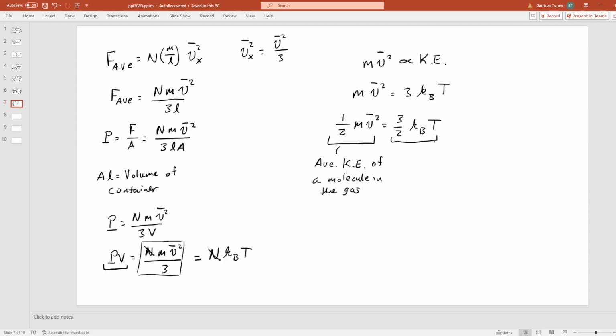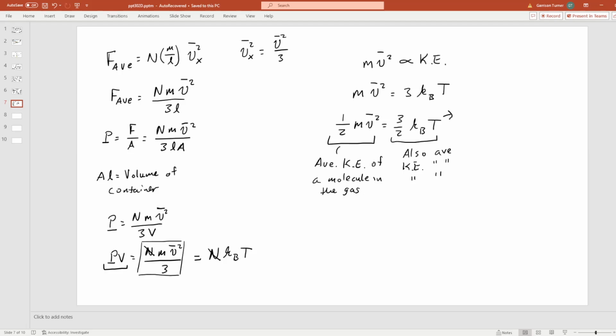But notice that this one is related to temperature. Also the average kinetic energy of a molecule in the gas, but it's related to your temperature.